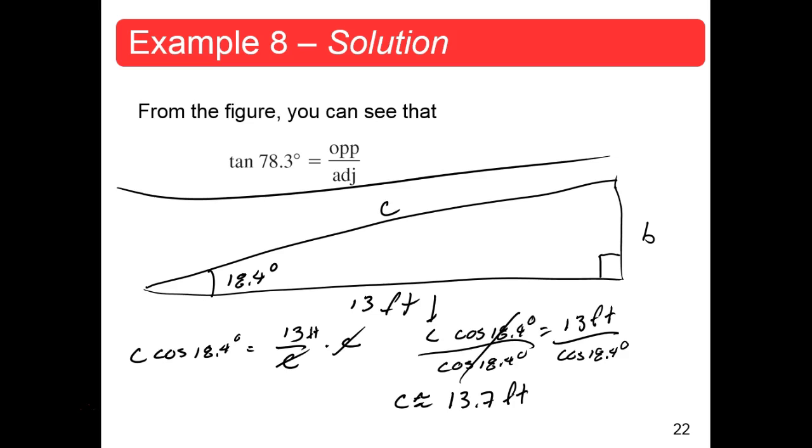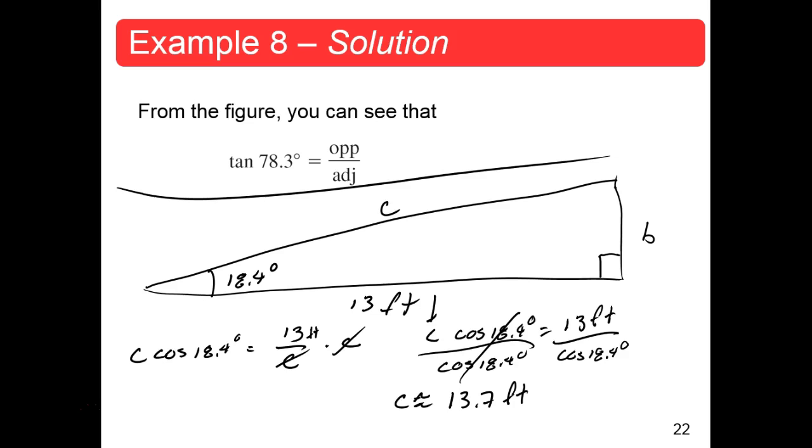How do we get B? Pythagorean theorem. That's certainly one way to do it. Now, here's the only thing I don't care for using the Pythagorean theorem there.